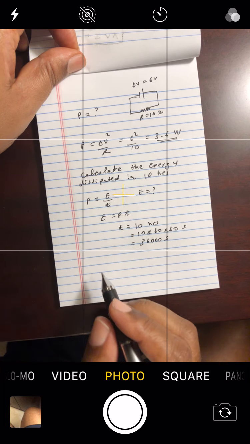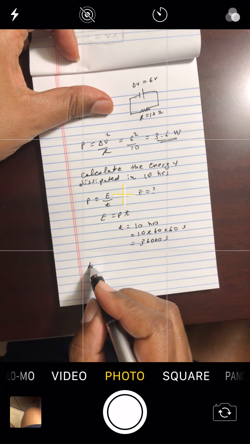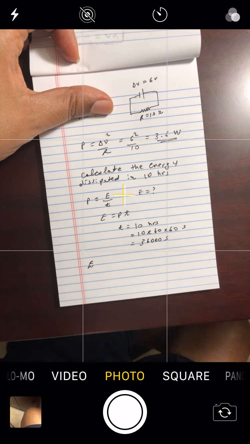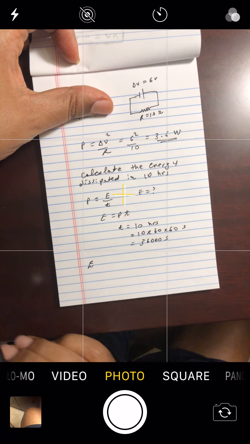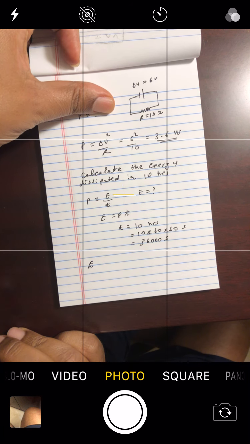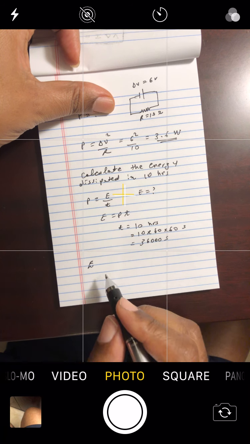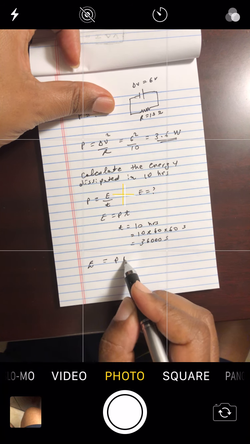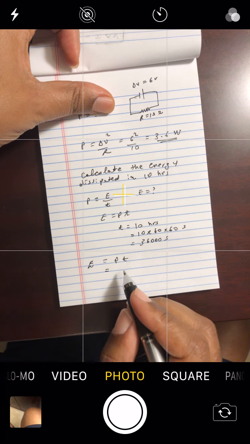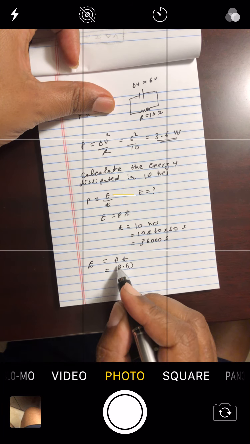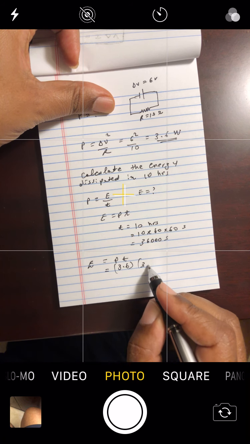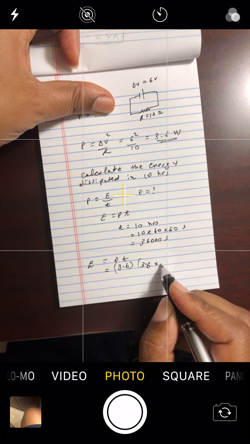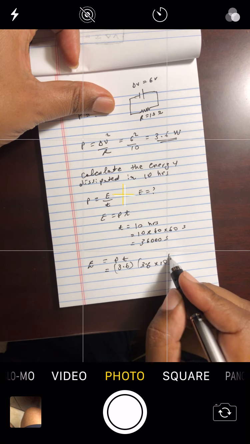Therefore the energy dissipated or converted to something else, for example, if it's a light bulb, this is the amount of energy we'll get in 10 hours. So the energy is power times time, and the power is 3.6, and the time is, let's say, 3.6 times 10 to the power of 4.